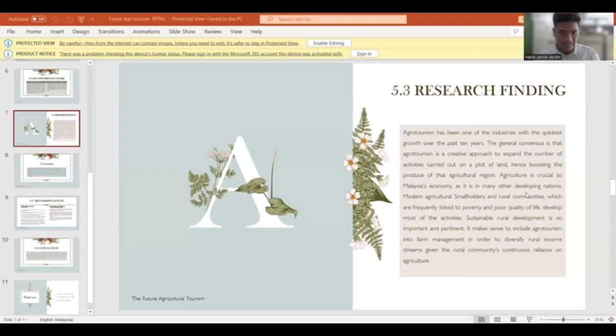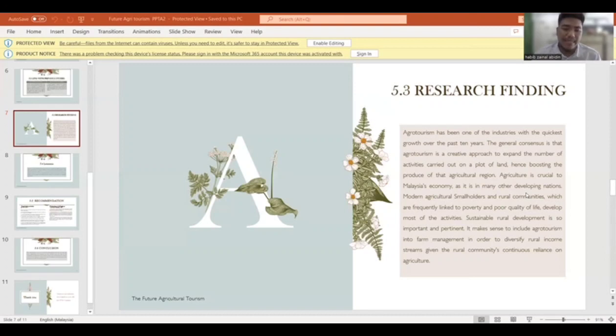However, this analysis discovered that agrotourism had a positive effect on the neighborhood's economic and social spheres, including revenue diversification, job creation, and business opportunities.